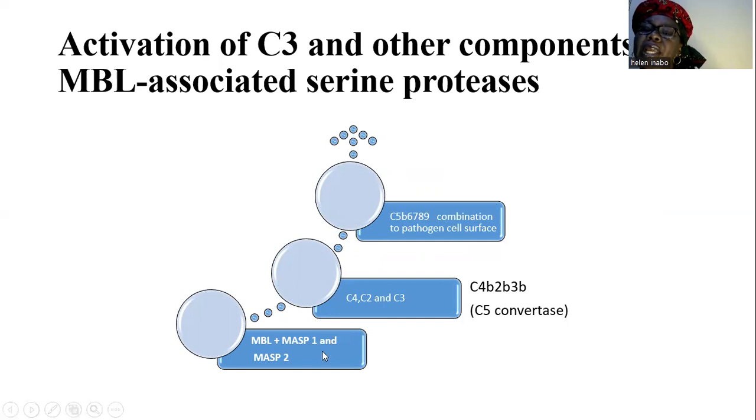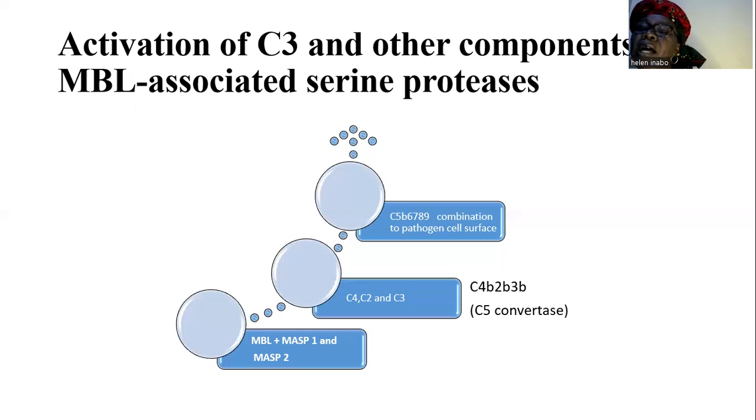You have the MBL plus the serine proteases, the MASP1 and MASP2 bind together, which following that, then C4, C2, and C3 are cleaved and bind sequentially to the immune complex, generating C5 convertase, that is C4b, 2b, 3b.